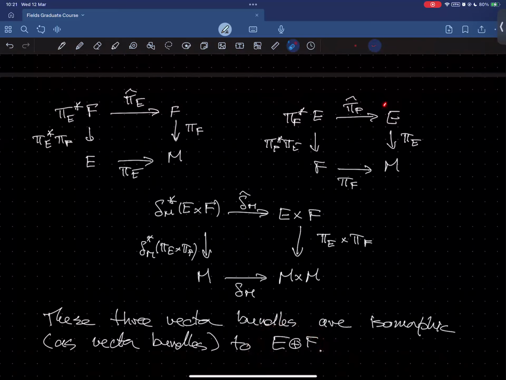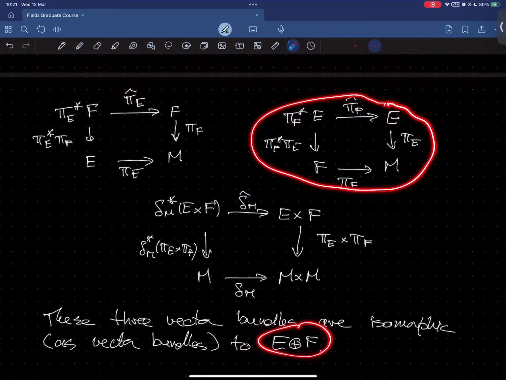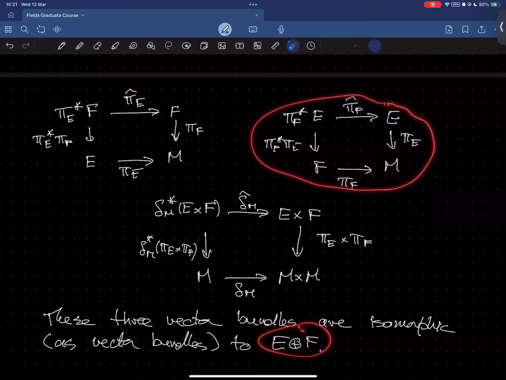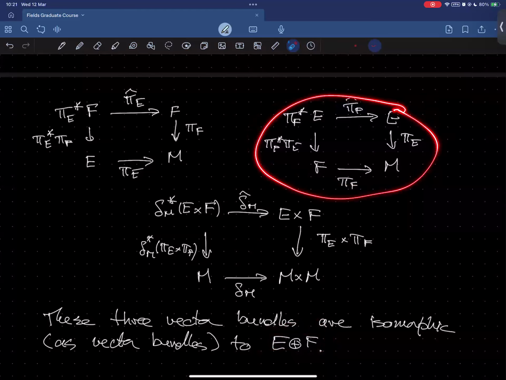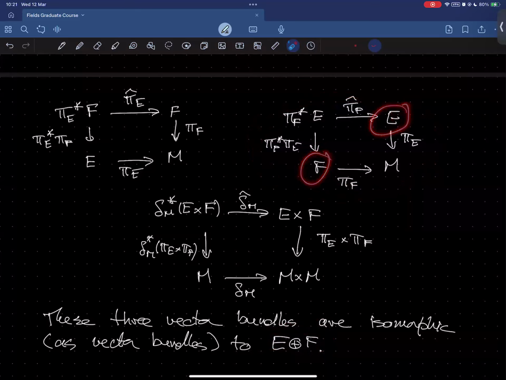And so, like I said, it's easy to see that at least as a set, this thing looks like this, okay? Because this thing, by definition of the pullback, consists of points in the fibers of E and F, which lie over the same point, and that's what the direct sum was as well. Okay, so the hard thing here is verifying.